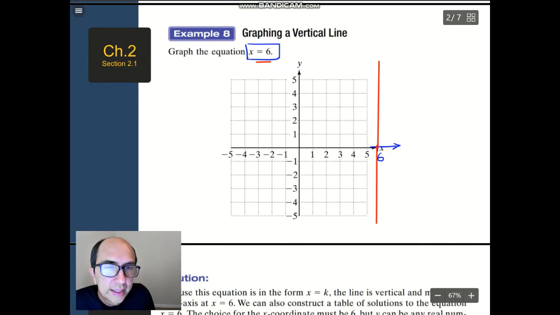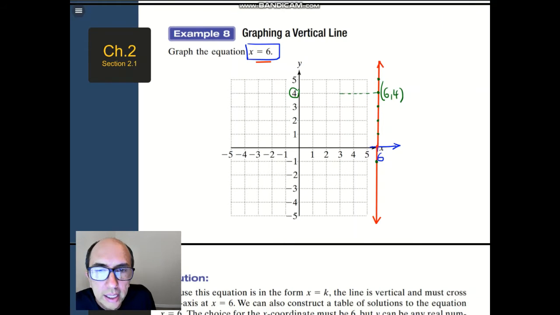in the x-axis. And actually, one thing that you're going to realize about this line is that each and every point in the line has x coordinate, the first number, equal to 6. Let's check a few points here. Let's say this one. The y coordinate is going to be 4, but x is going to be equal to 6.